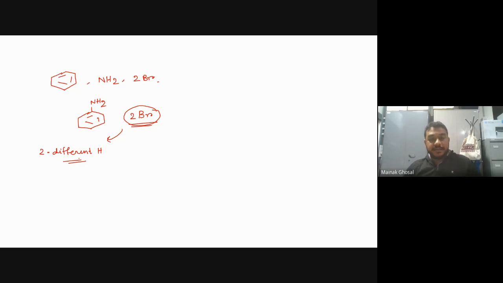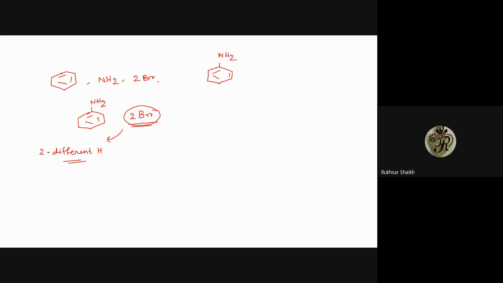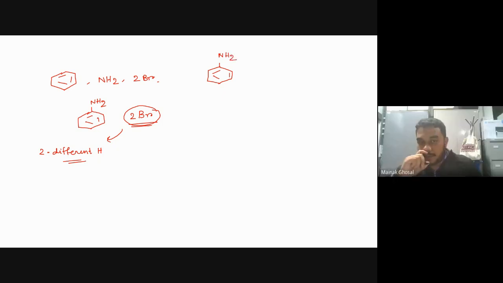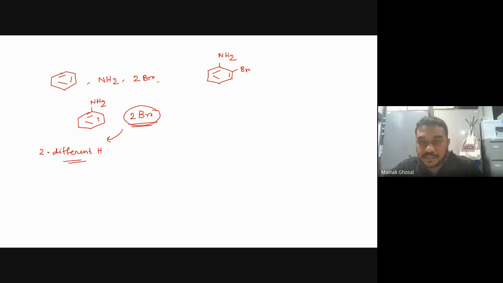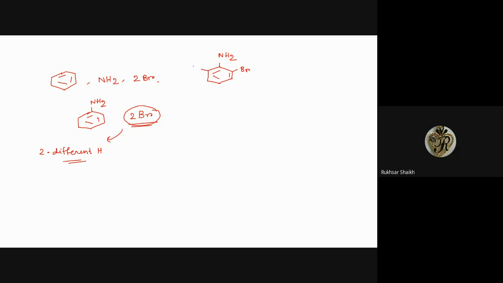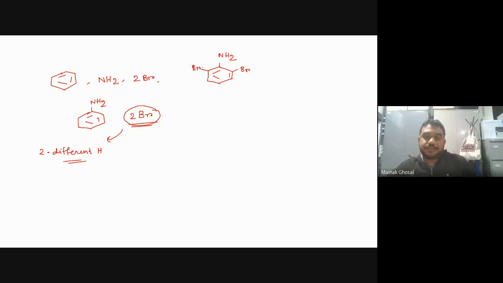So can anybody tell me, with respect to NH2, what should be the orientation of these two bromines such that I will get only two different hydrogens? Ortho position. Both ortho? Yes. Ortho to NH2? Yes. Anybody else?